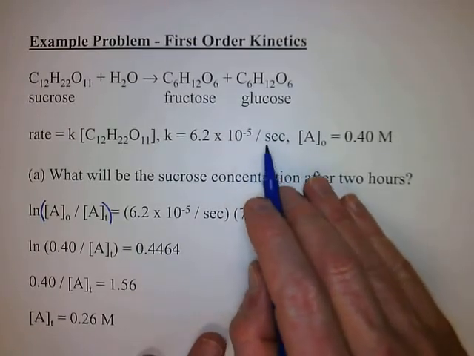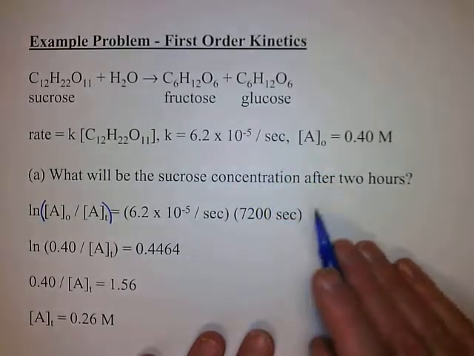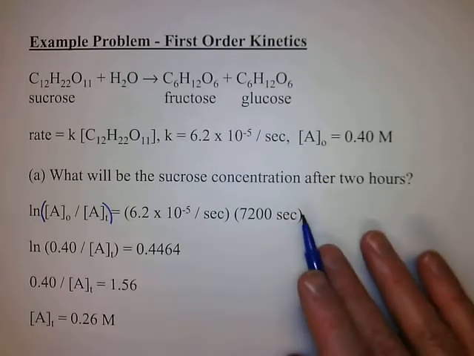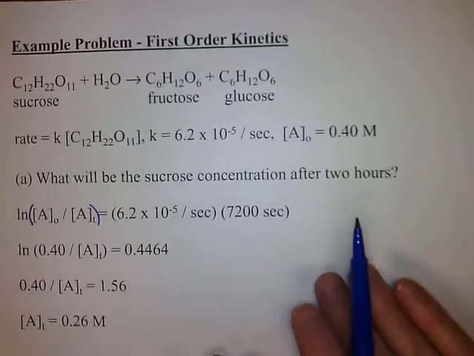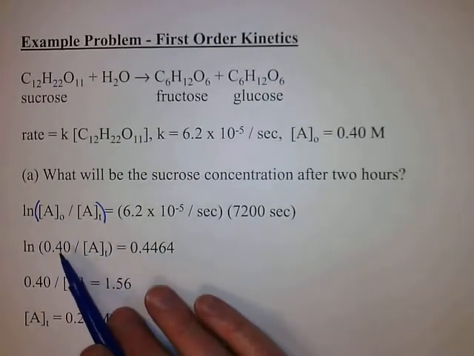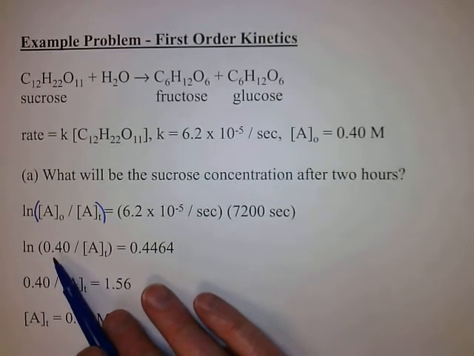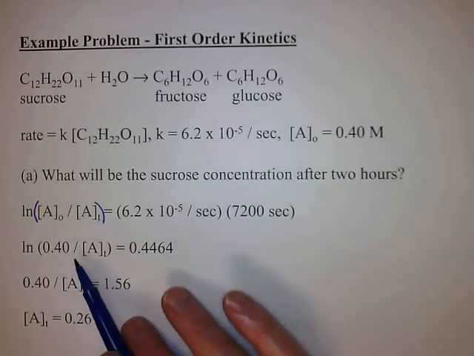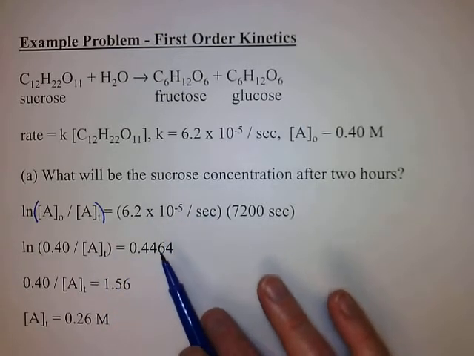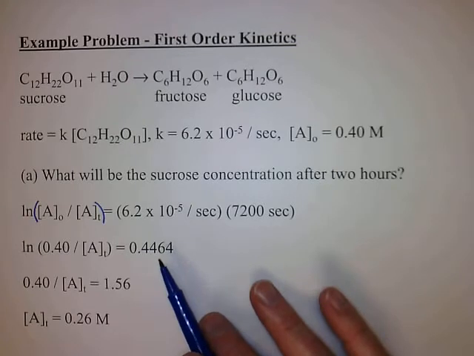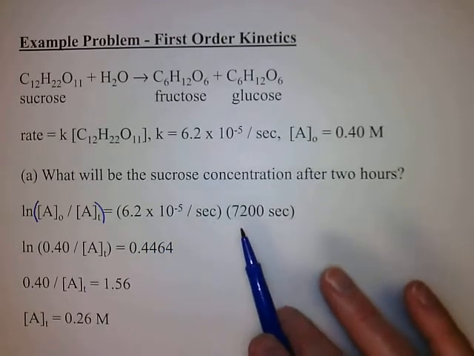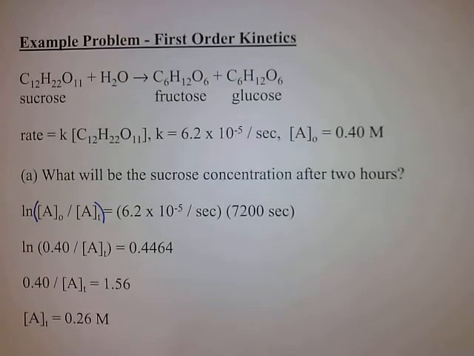The rate constant is so many per second, and I gave you the time in hours, right? So 2 hours is 7,200 seconds. So the natural log of the ratio, we know what the initial concentration was, 0.4, divided by the concentration at time t is equal to 0.4464. The 0.4464 is 6.2 times 10 to the minus 5 times 7,200.